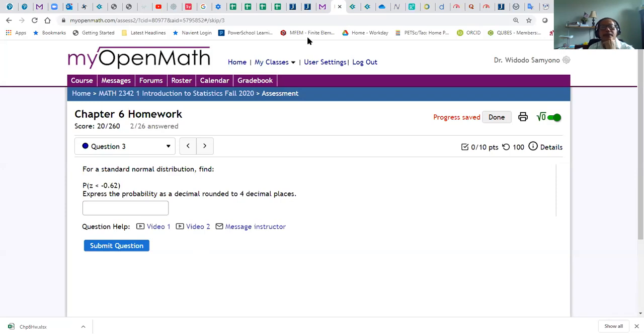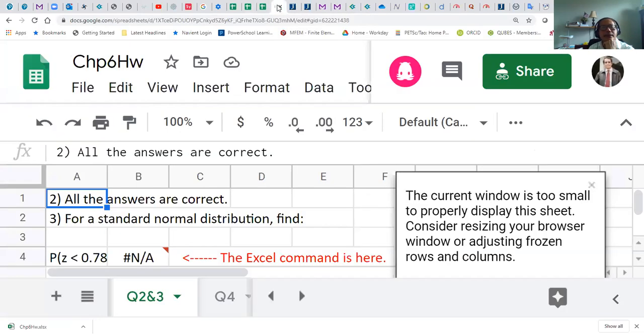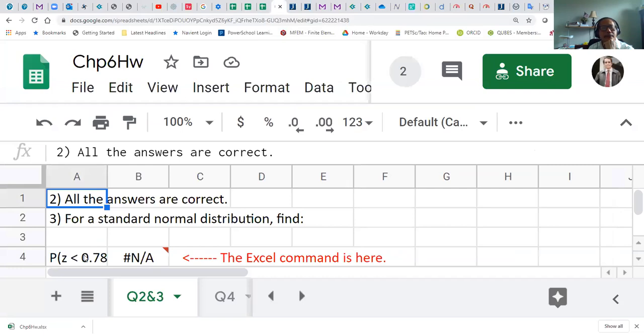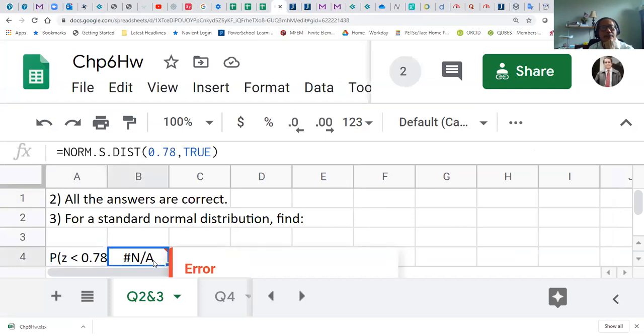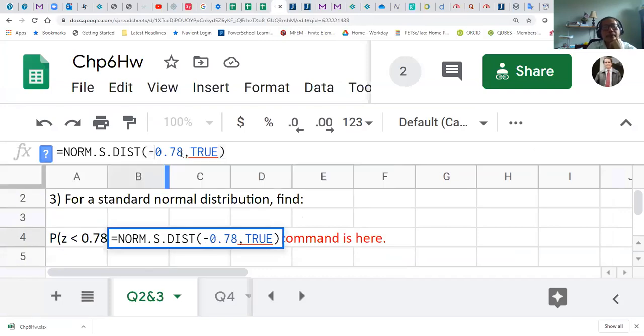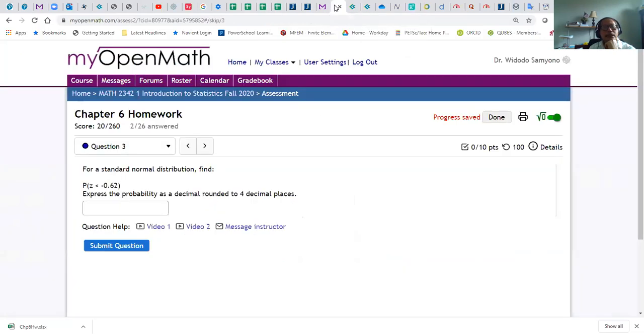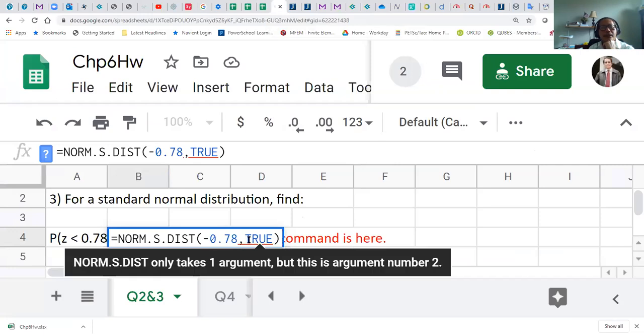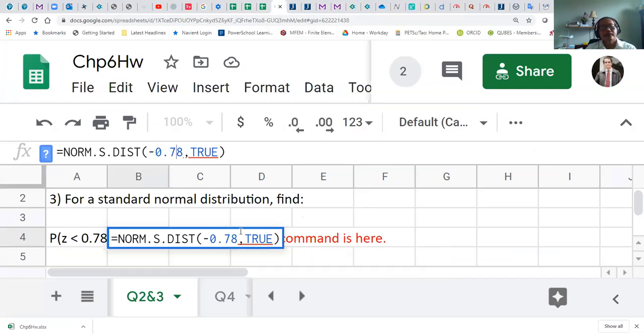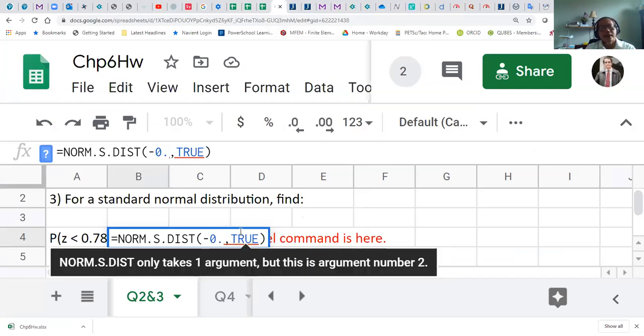So in the Excel, you put NORM.S.DIST, S is for standard distribution. So the answer is negative 0.62, right? Negative 0.62. And this is true because you're looking for less than.